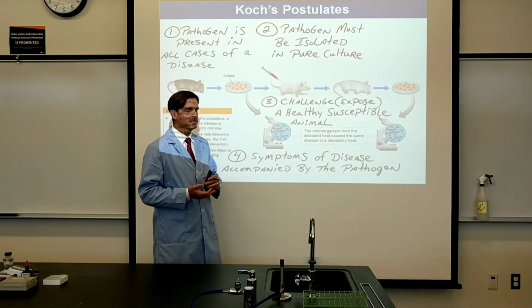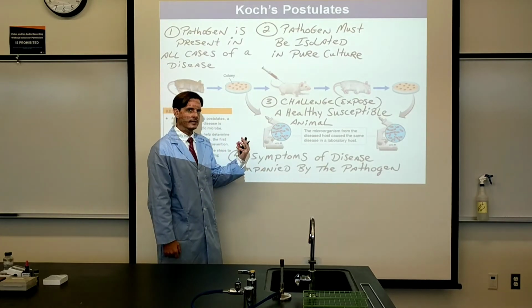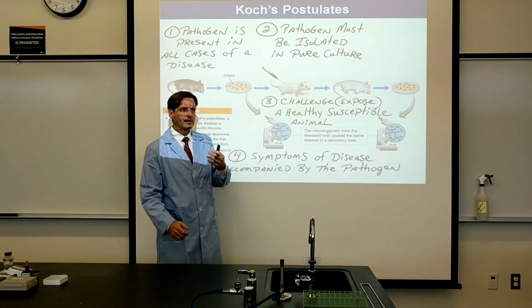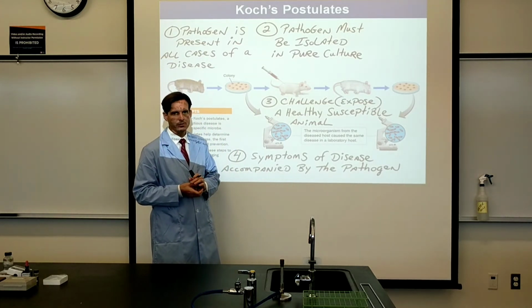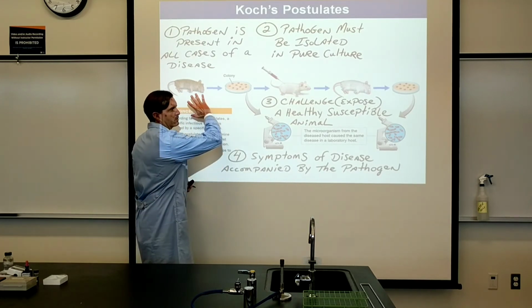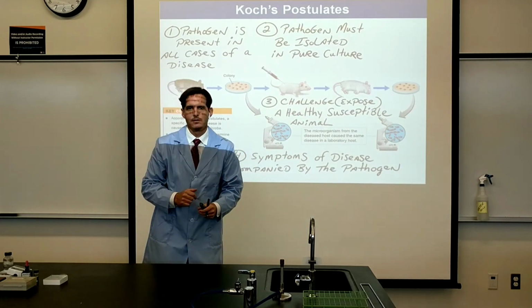Now, this brings up a couple of key questions. These are critical thinking questions that I would like you guys to think about now, and then during our next Zoom meeting, I would like to walk through them with you. So the questions would be, how many of Koch's postulates would be difficult to meet?